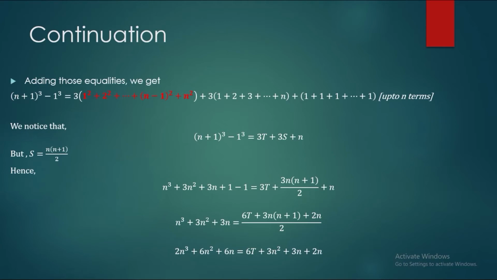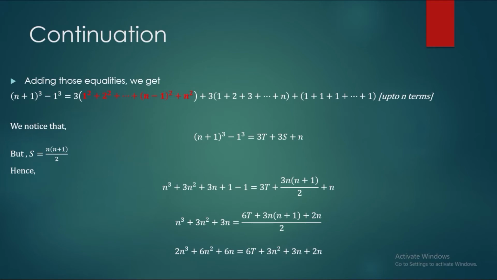On the right hand side, we notice that 3 is a common factor, and we get 3 times 1 squared plus 2 squared plus all the way up to (n minus 1) squared plus n squared, which was our desired sum, plus 3 times 1 plus 2 plus 3 plus all the way up to n, which was our first n natural number formula which we had derived before. And we get 1 plus 1 plus 1 all the way up to 1, which contains n terms.